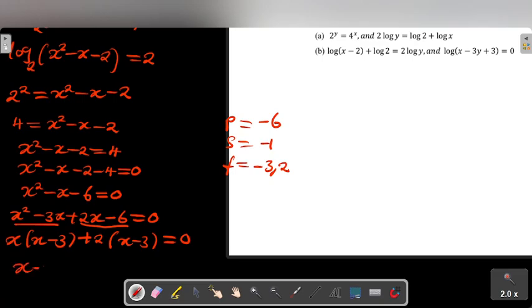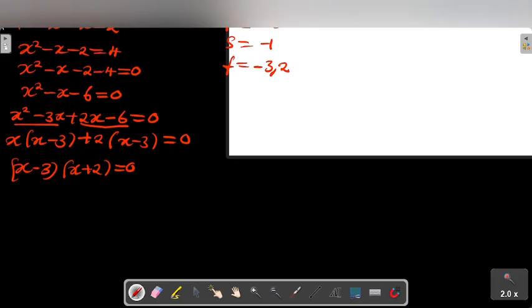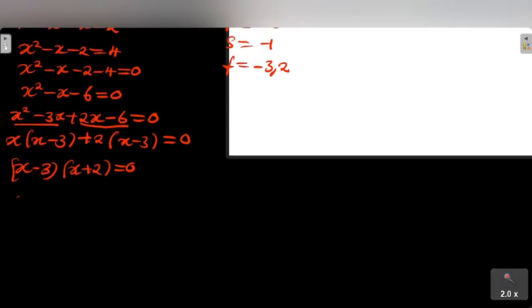So now we have (x minus 3)(x plus 2) equal to 0. We set x minus 3 to 0, or x plus 2 to 0. So x is equal to positive 3, or x is equal to negative 2.